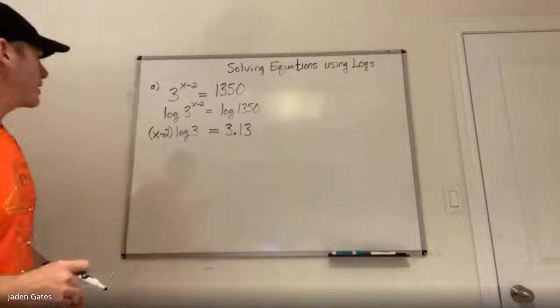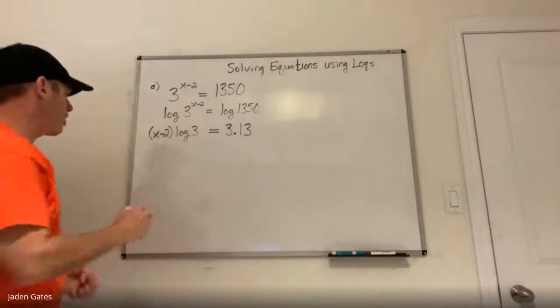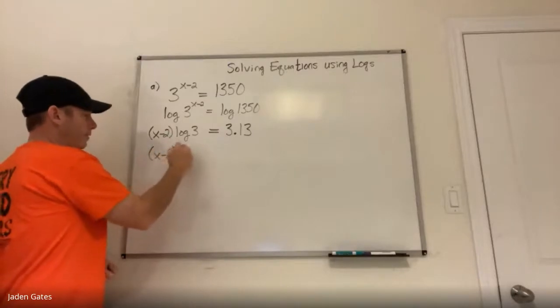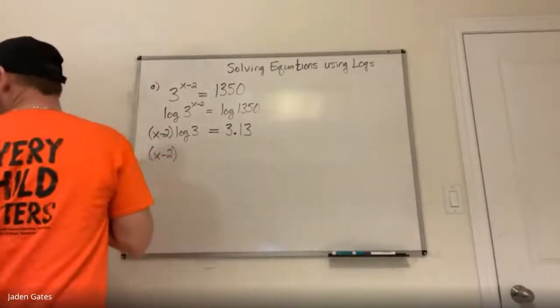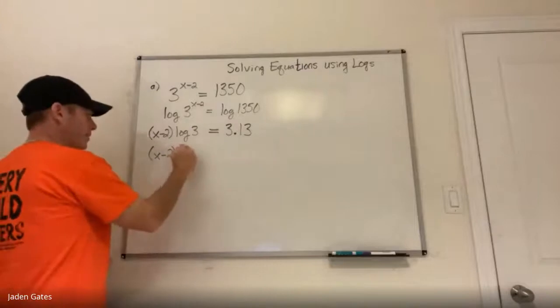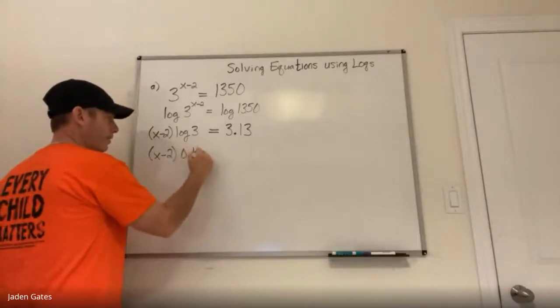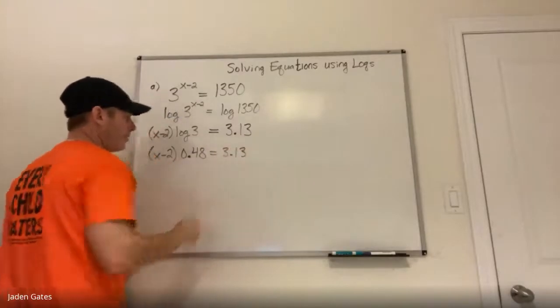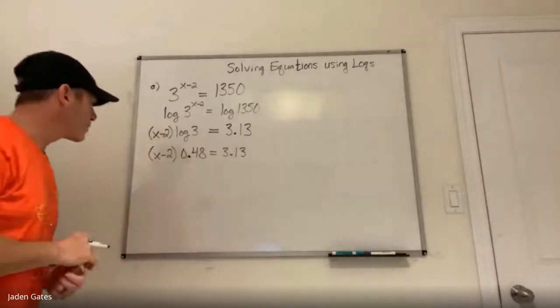All right, and once again, I can solve for log 3 here. It's going to be a small number, and that number is in fact going to be basically 0.48. Now there's a couple ways to do this one.